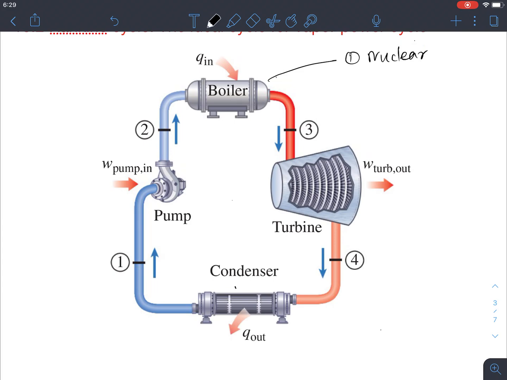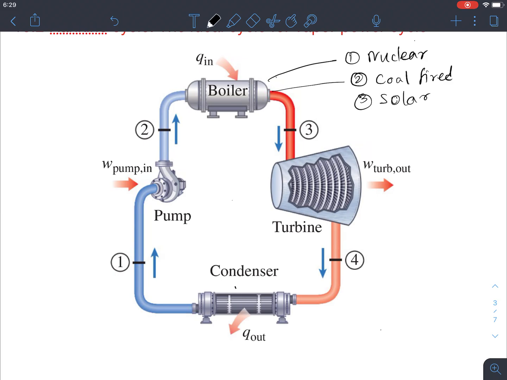It could be operated by coal fired, basically, to generate the heat in the boiler to vaporize that steam. And then it could be solar, right? A concentrated solar power plant. Basically solar energy is used to generate the steam.